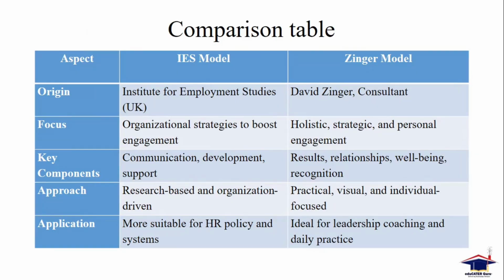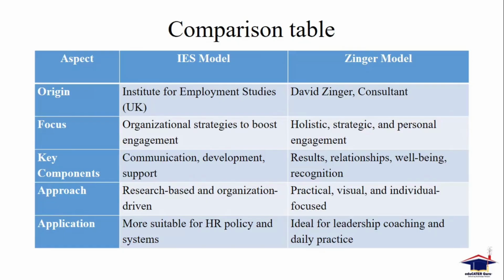Under IES model, the focus was mainly on organizational strategies to boost engagement, whereas under Zinger, it is holistic, strategic, and personal engagement. The key components under IES model were communication, development, and support. Whereas under Zinger, it is results, relationships, well being, and recognition.